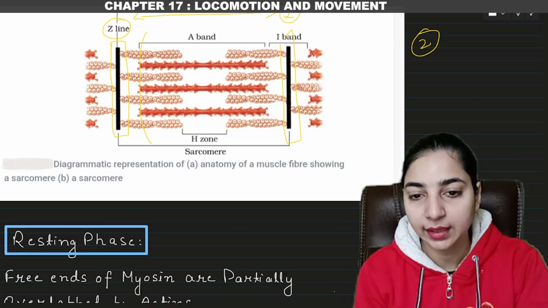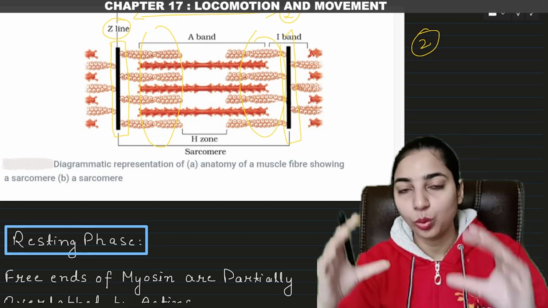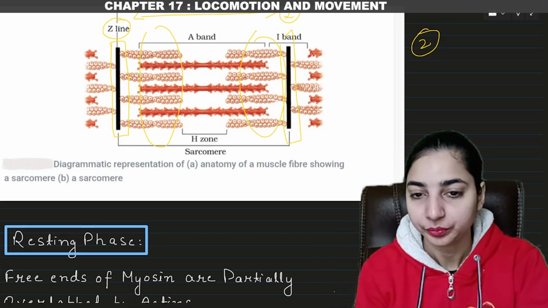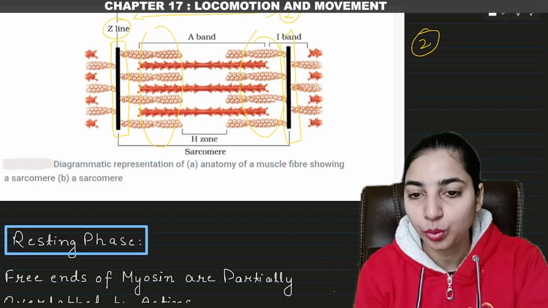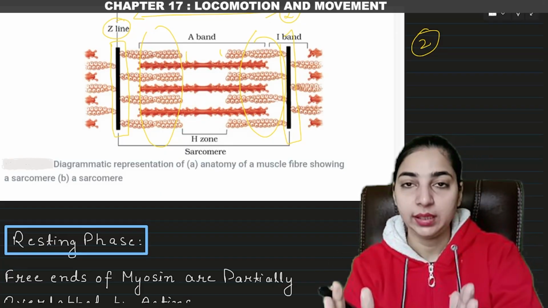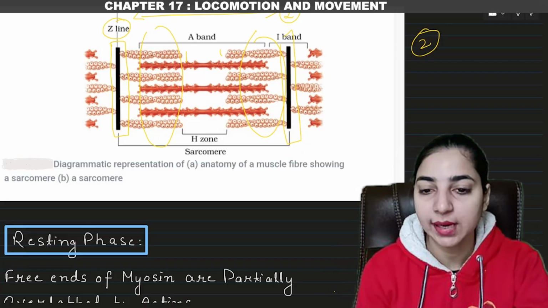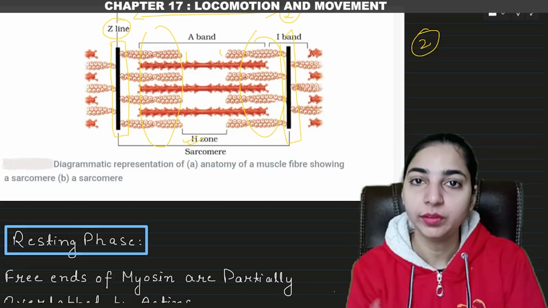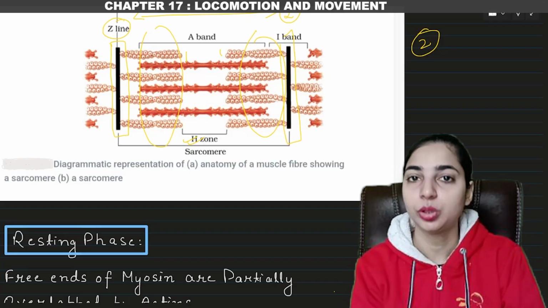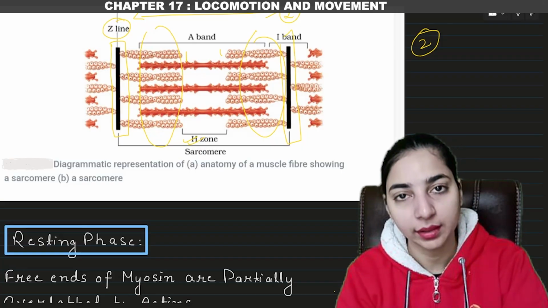Both the ends, this end and this end, are overlapped by the I band, and just the middle portion is not overlapped. So the middle portion of the myosin or the A band which is not overlapped by the I band is known as the H zone. So what is the H zone? It is the middle portion of the myosin filaments, or middle portion of the A band, which is not overlapped by the I band or actin filaments.